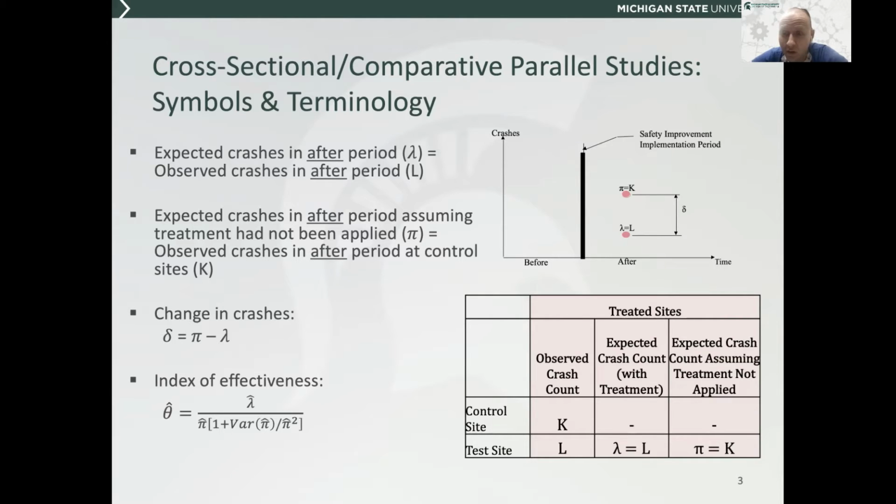Determining what the impacts of that treatment are, or the change or reduction in crashes, is simply the difference between pi minus lambda, so the number of crashes we saw at the sites without the treatment minus the number of crashes we saw at the site with the treatment applied. That gives us an estimate of delta. And then our index of effectiveness, or our crash modification factor, is basically the ratio of lambda over pi, or the number of crashes with the treatment divided by the number of crashes without.